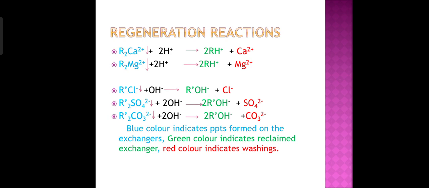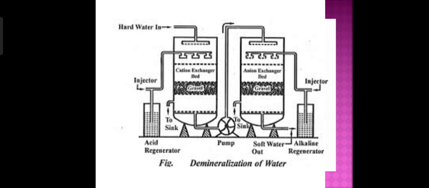R2Mg2+ when it comes into contact with the acid ions, dilute acid H+ ions, it will be again reclaimed and the washings will be containing Mg2+. So the washings will be removed to the sink and thus the cation exchanger will be again in the process.